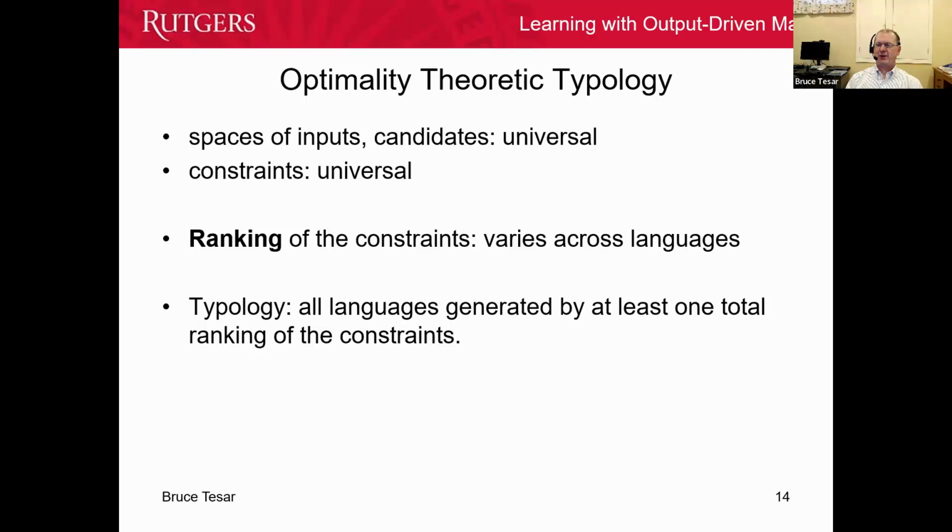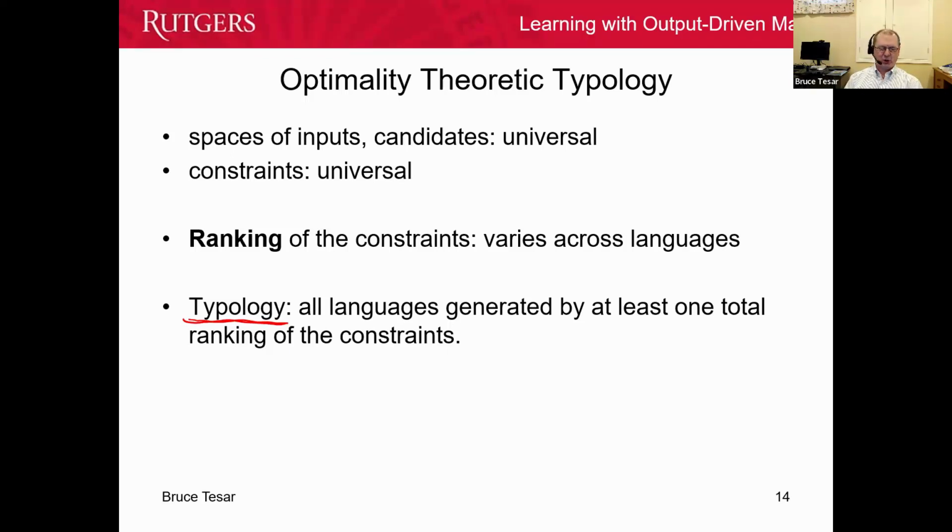So building a theory of phonology is building a theory of what the constraints are. What varies across languages is the ranking of the constraints, the order in which the constraints occur. And so the typological predictions of a particular phonological theory are that to be a possible human language, a particular pattern, a particular phonology, must correspond to at least one total ranking of your constraints.